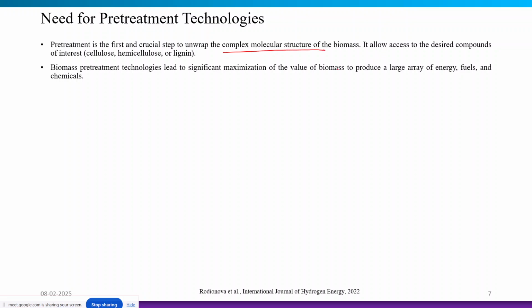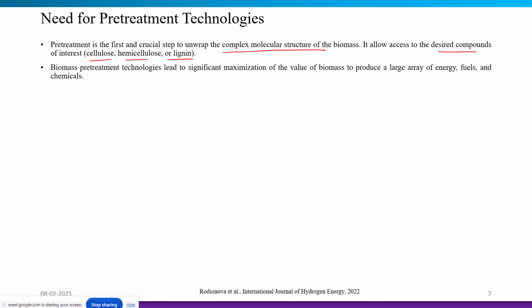The various kinds of pretreatment will allow access to desired compounds of interest like cellulose, hemicellulose, or lignin. Right? We need to break down those complex molecular structures to reach the desired compounds of interest, that is cellulose, hemicellulose, and lignin.